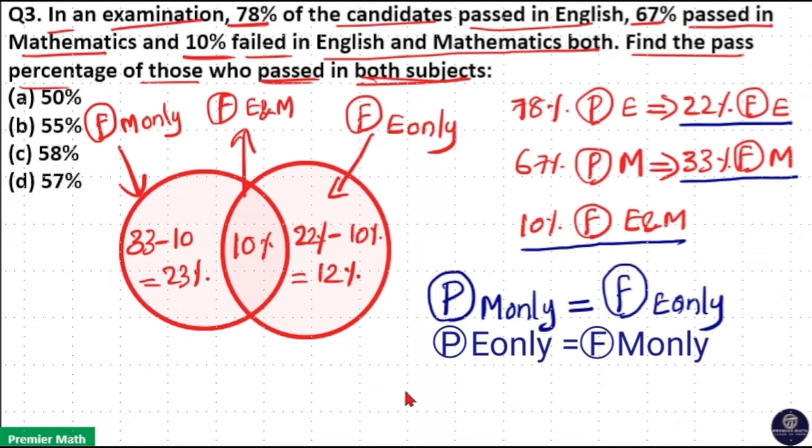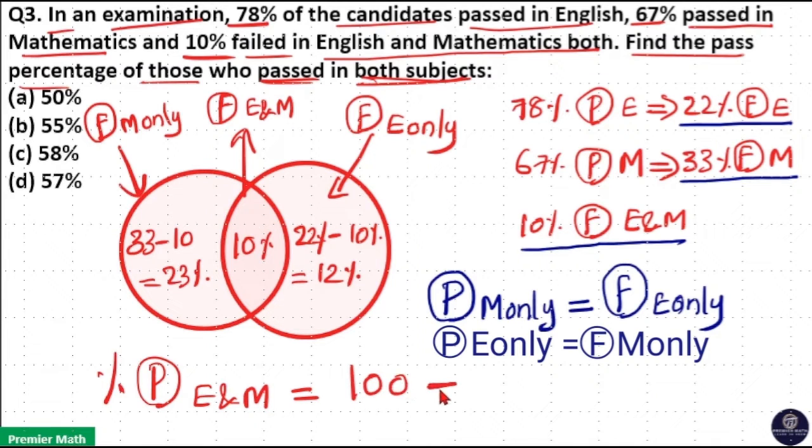So, that means the remaining students, that is the percentage of students who passed in both English and maths, is equal to total 100 minus the data of students who failed maths only, 23%, plus students who failed English only, 12%, plus students who failed both English and maths, 10%.